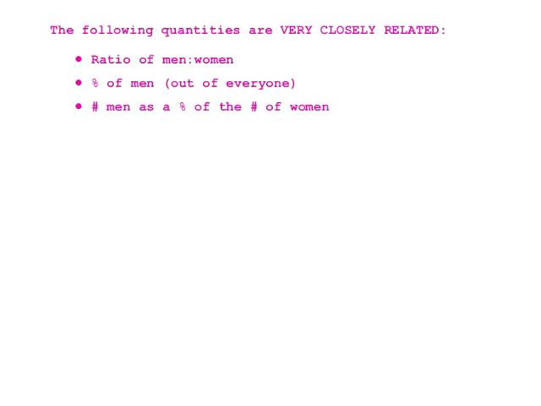So the ratio of men to women is very closely related to the percentage of men in total, which would be very closely related to the number of men as a percentage of the number of women, which would be very closely related to the number of men is how many percent greater than the number of women, or less.